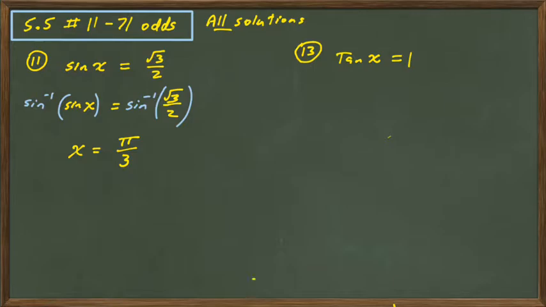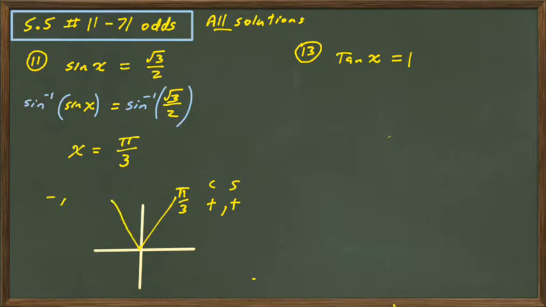Now, is there any other place where the sine, or the y, is positive? I had pi over 3, and I knew that it was positive here. And over here, I need the sine to be positive. This is negative, this is positive, and that would be 2 pi over 3, right?